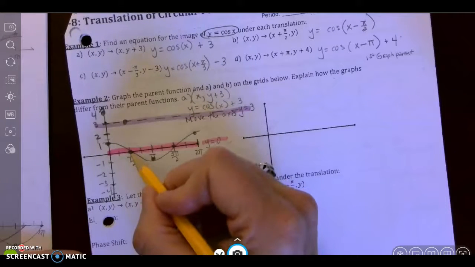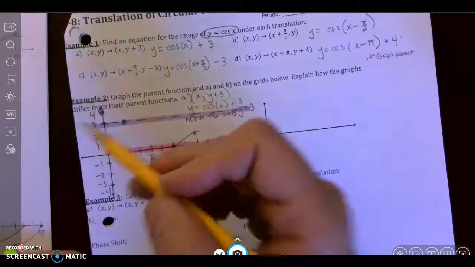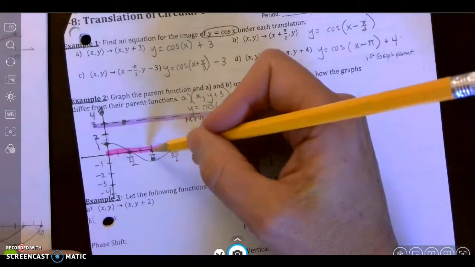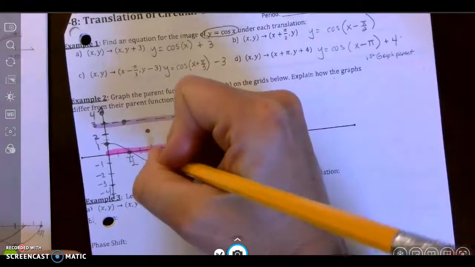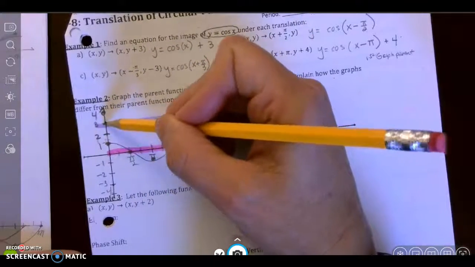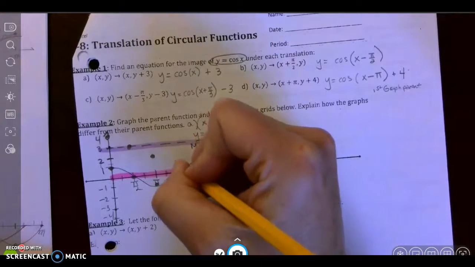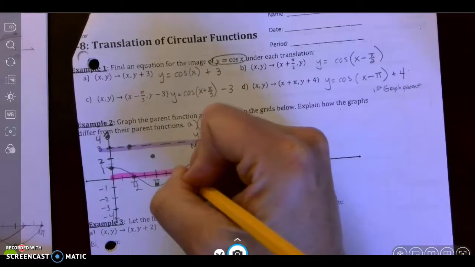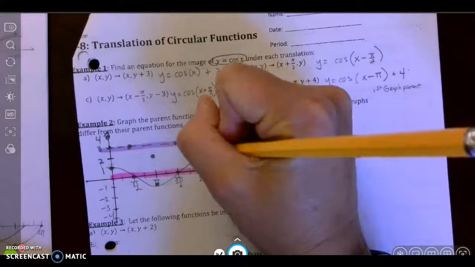And notice this point was on the pink axis, so now it's on the purple. It should be in relatively the same place. So 1, 2, 3. Notice this point was 1 below, so this point is 1 below. This point was 1 above, this point is 1 above. Move this one up. 1, 2, 3, right there. And this one, 1, 2, 3.